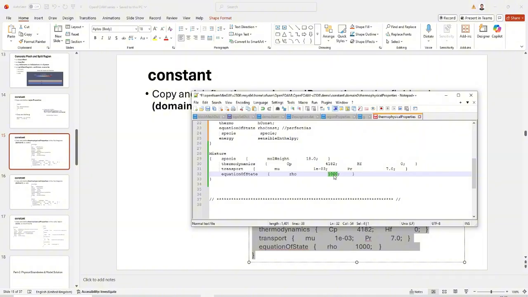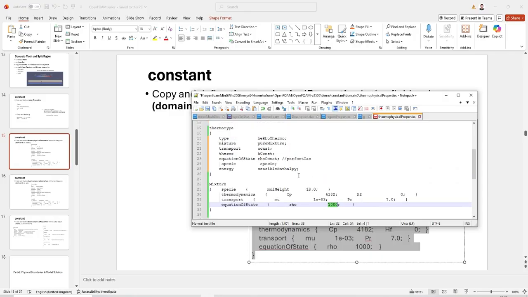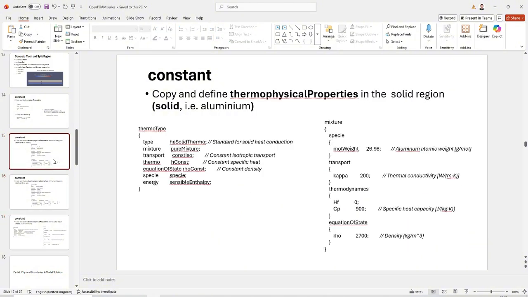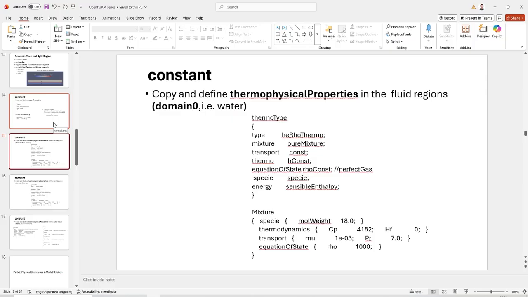So for air it is 1.2 and for water it is 1000. Again, our aim is to define a constant density for the fluid domains. So that is the physical properties definition, and also the fluid flow definition in the constant folder.